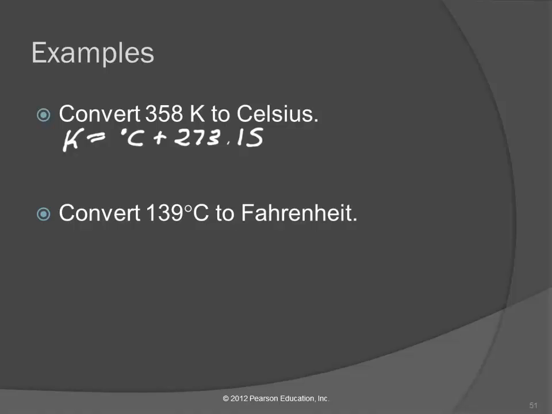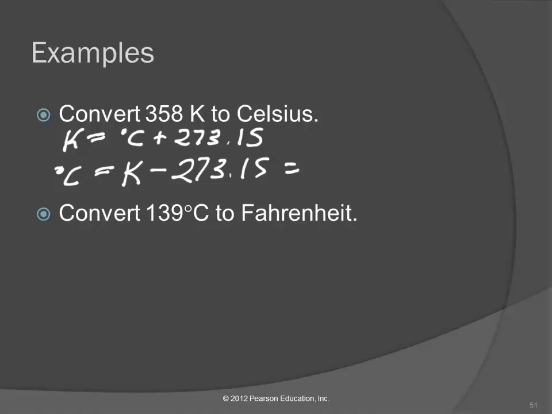So we're going to rearrange it. So this is adding. So what we'll do is we'll subtract 273.15 from both sides. And we'll end up with degrees Celsius equals Kelvin minus 273.15. If you have issues rearranging equations, please come and talk to me and I'll explain it to you. But I have to assume that everybody can do that.